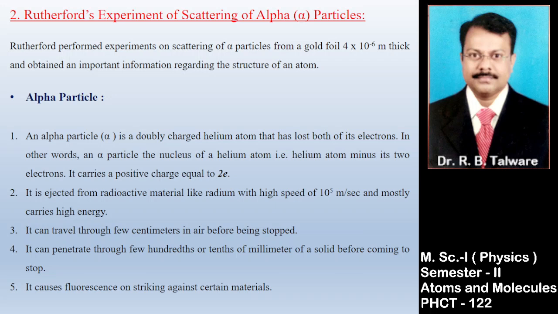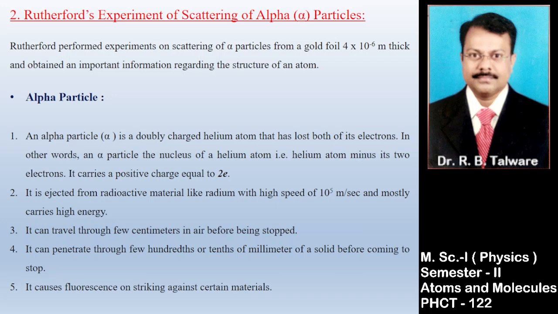First, the alpha particle is a doubly charged helium atom that has lost both of its electrons. In other words, an alpha particle is the nucleus of a helium atom, that is the helium atom minus its two electrons. It carries a positive charge equal to 2e. Why 2e?